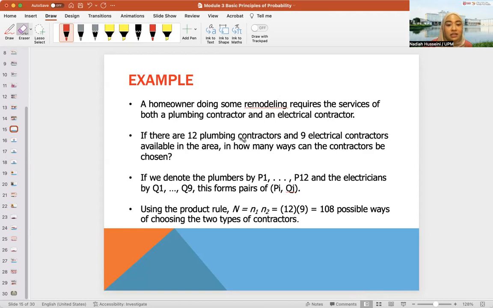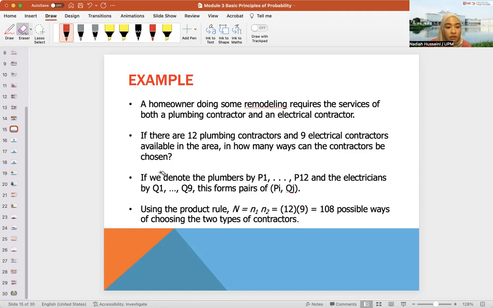In your region where you stay, you only have 12 plumbing contractors and 9 electrical contractors. You need to select one plumbing contractor and one electrical contractor. How many ways can the contractors be chosen?